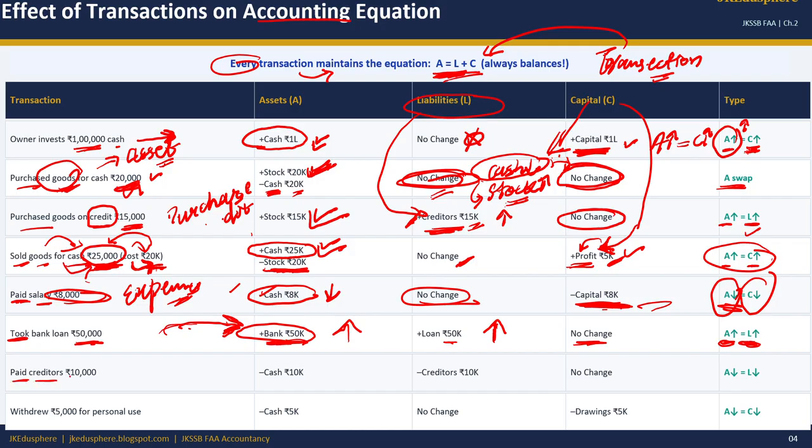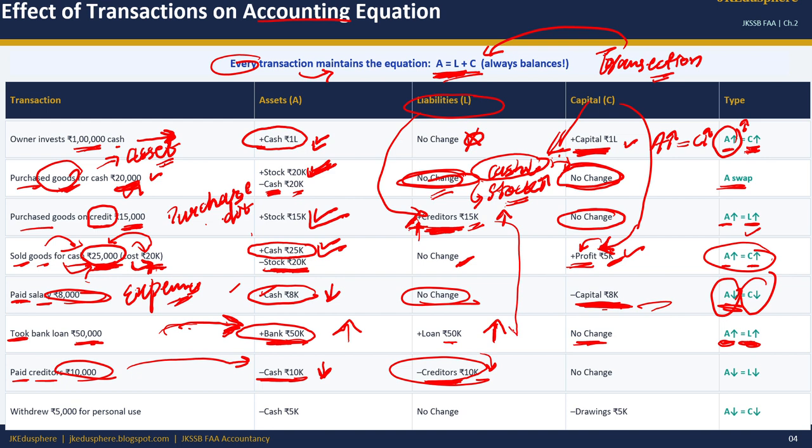Then we pay 10,000 to the creditors. So there'll be a loss of asset. The asset will be decreased by 10,000. Then the creditor's liability will decrease. Over here the liability increased, and over here liability will decrease by 10,000.